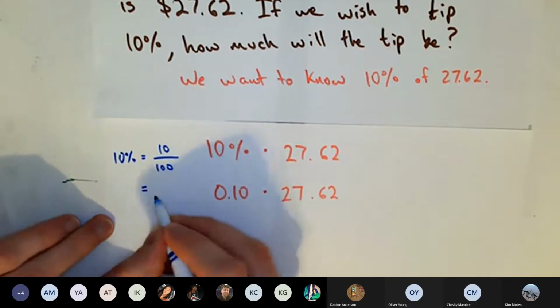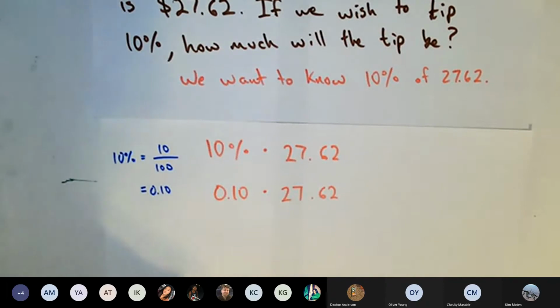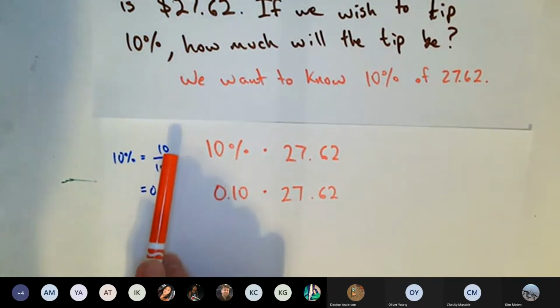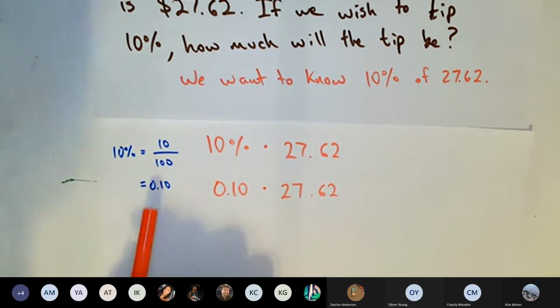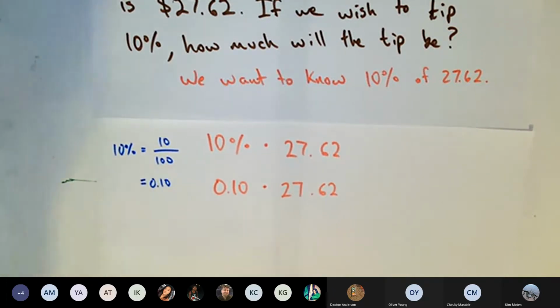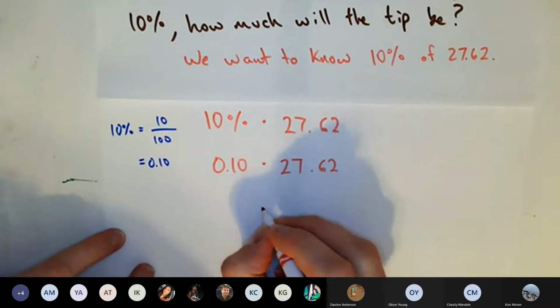And then, of course, you plug 10 over 100 into the calculator to figure out the decimal representation. But that's just 10 hundredths, which is exactly how you read this decimal.